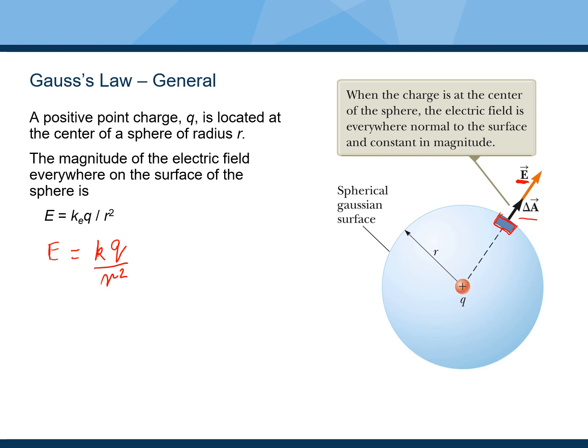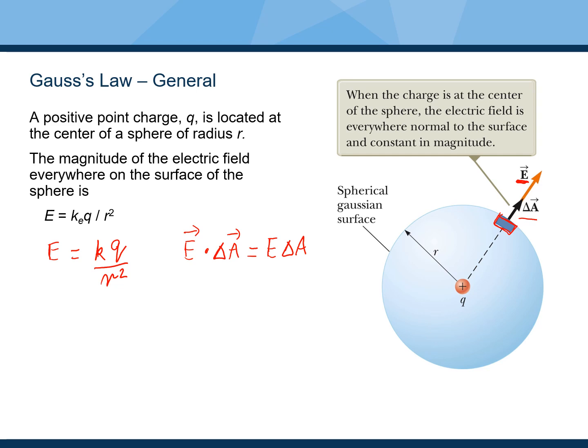Therefore, if we evaluate E vector dot delta A vector, that will be just equal to E times delta A. That tells us how to evaluate the electric flux through this darker shaded infinitesimal area that we're considering.